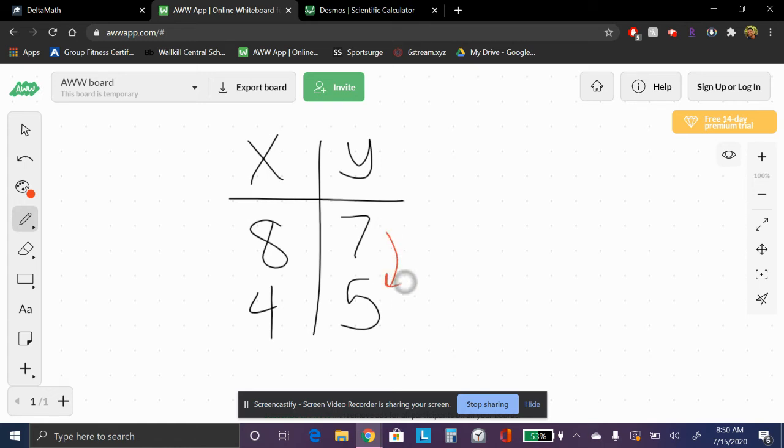So this one's going down 2. Careful. And this one's going down 4. So my slope is -2 over -4, which we know a negative divided by a negative is a positive.